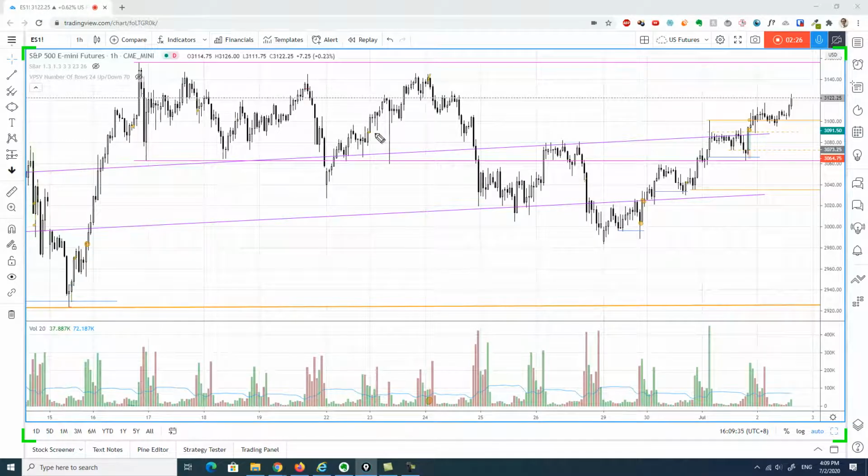Just judging by the candle itself, you can see that this kind of movement here is a lot more volatile, compared to somewhere around here, or even on the way up, like from here to here and to here as well.